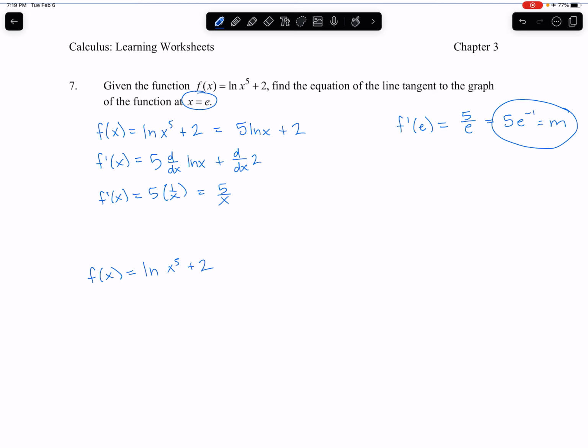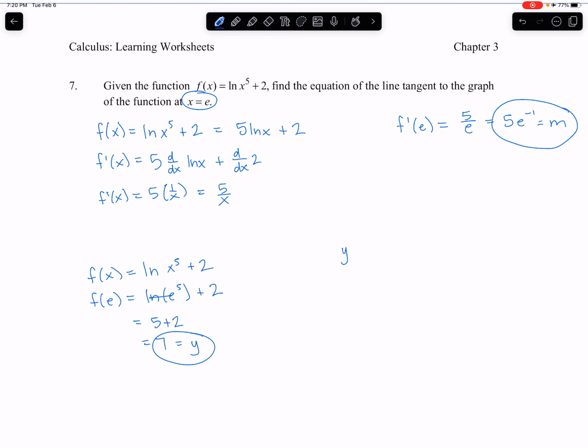And we're going to plug in e to find out what the y value is at e. Natural log e to the 5th plus 2. We know natural log and e are inverses, so this gives us 5 plus 2, which will give us 7. So we have x, y, and m, so we have a point and a slope.